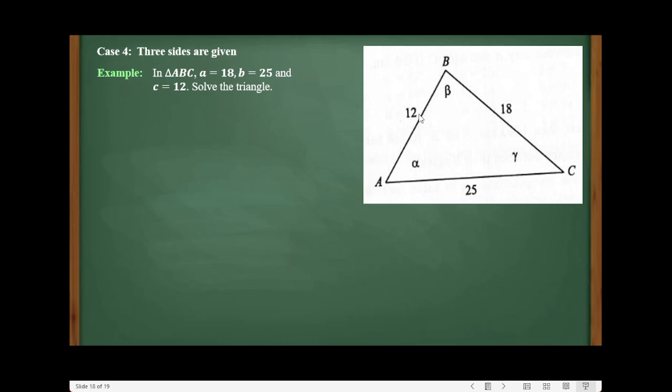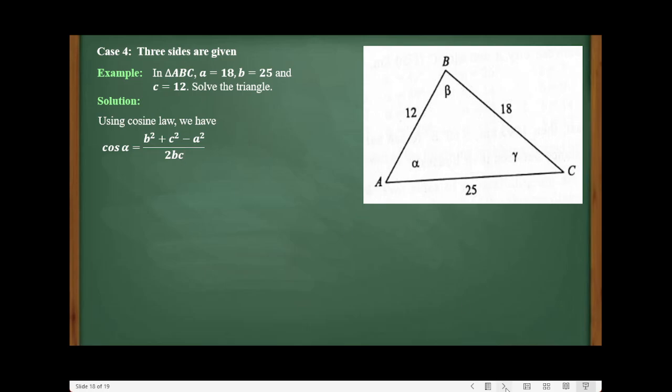And side small letter c is 12. Now, to compute for the angles, we use the cosine law, which is transformed by solving for the cosine of each included angle. Okay, so cosine alpha is b squared plus c squared minus a squared all over 2bc.